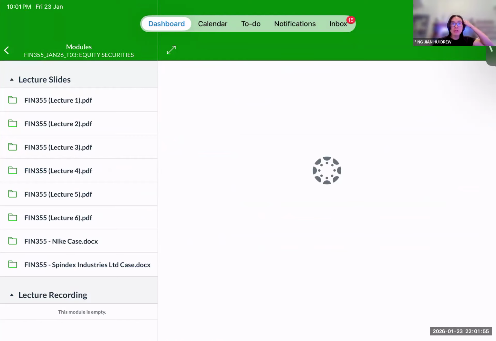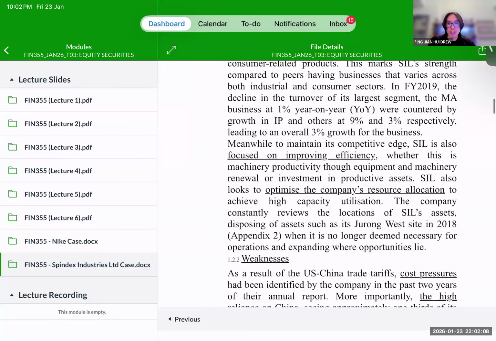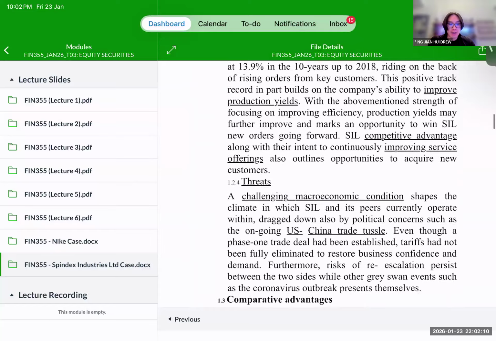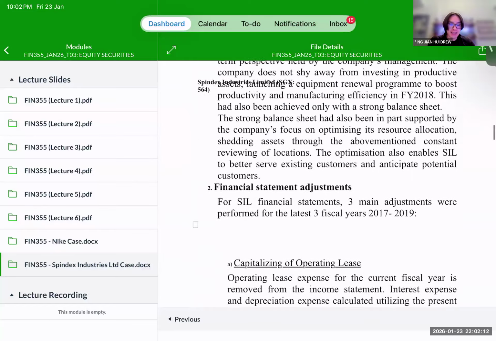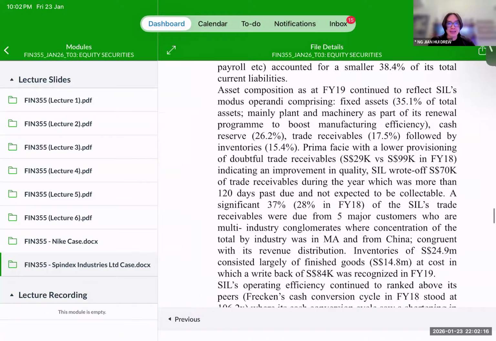In our tutorial group, you see that there are 2 case studies, and these 2 case studies are actually written by myself. This Spindex case study is a good example of how you should structure your presentation. This one uses a SWOT analysis, with a whole detail on it. So this is a good example, I'd say.